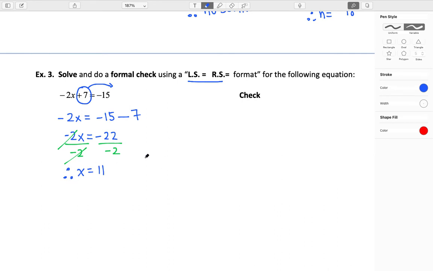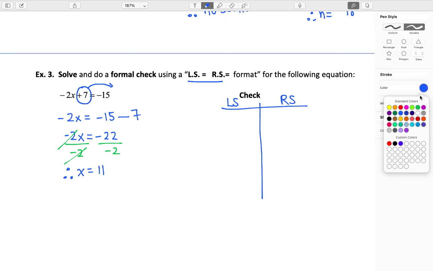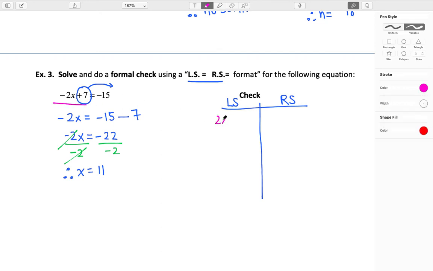Now, how do I check if this is correct? Well, what I want you to do is make a table, and this side is left side, and this side is right side. From the left side of the equation, I have negative 2x plus 7, and on the right side, I have negative 15.